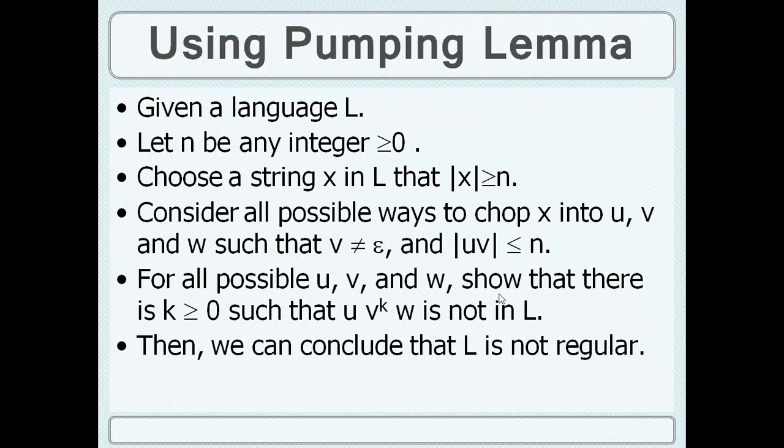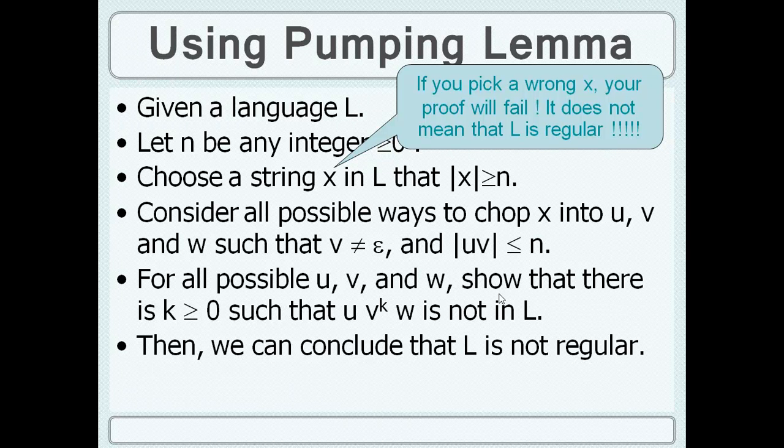Now if for all possible u, v and w there is a k which is non-negative such that uv^kw is not in L, then you can conclude that L is not regular. So if you pick a wrong x, your proof will fail. It does not mean that L is regular.